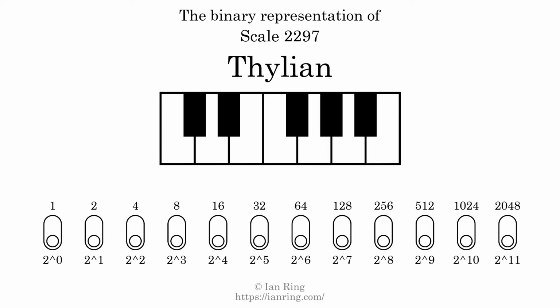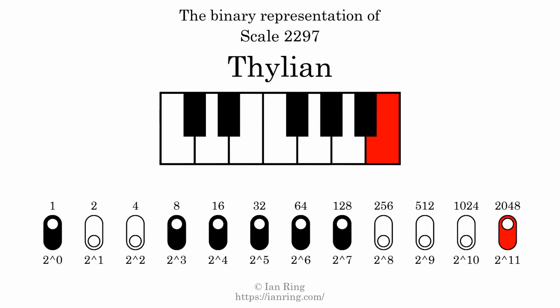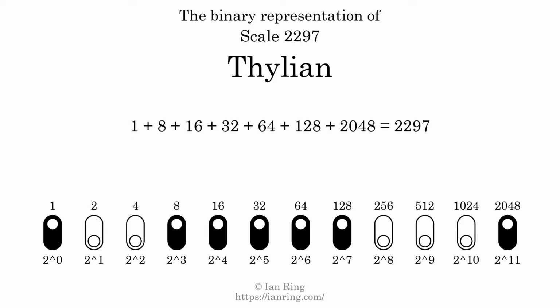The binary representation of this scale is determined by mapping tones of the scale to binary digits. Each binary digit represents a power of 2. To get the scale number, we add the powers of 2 together. The powers of 2 that are present in the scale, all added together, equals 2297.